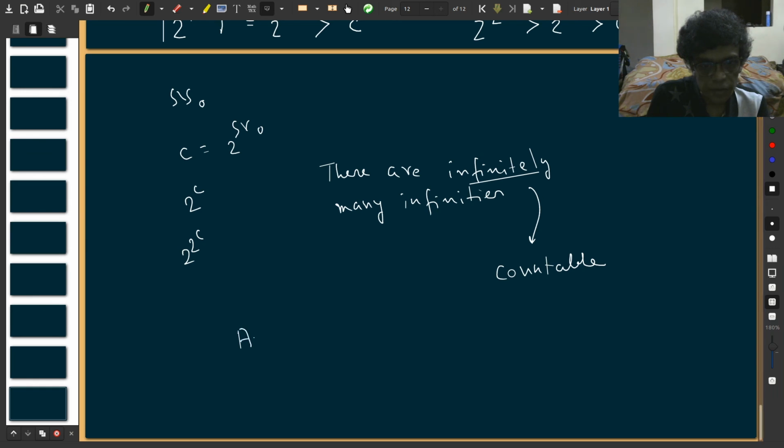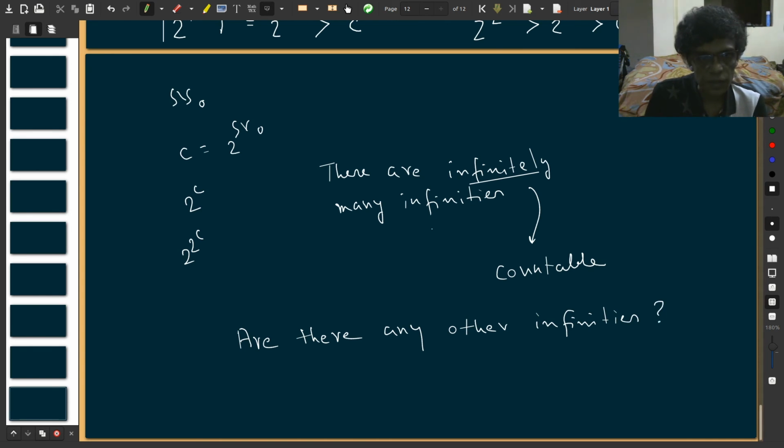So, obvious question now is, are there any other infinities? So, it's a big question.